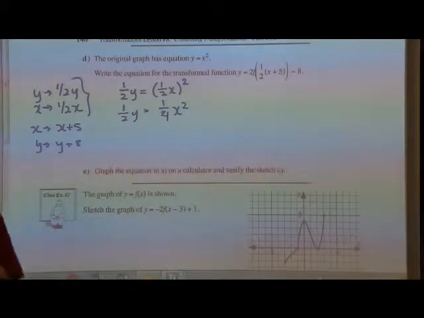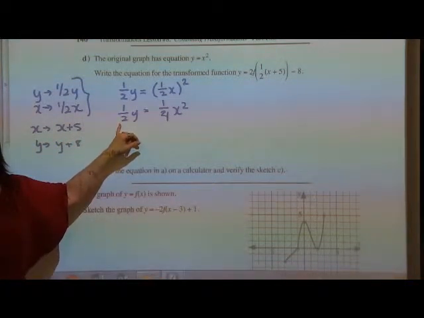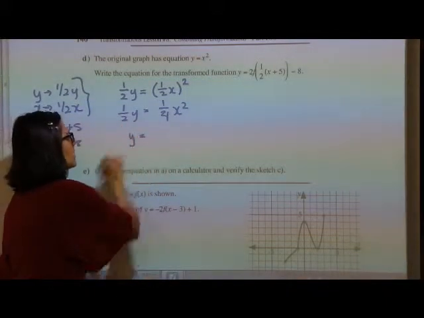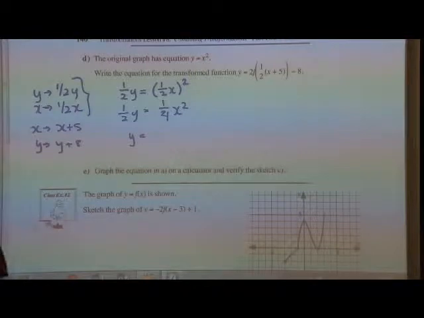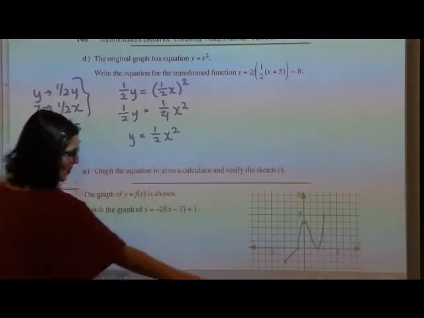And I want to write this as a y equals before I do the adding of the translations. So how do I move this 1/2? Multiply by 2. So I multiply by 2 and I get y. When I take 1/4 and multiply it by 2, I get 1/2. Okay?